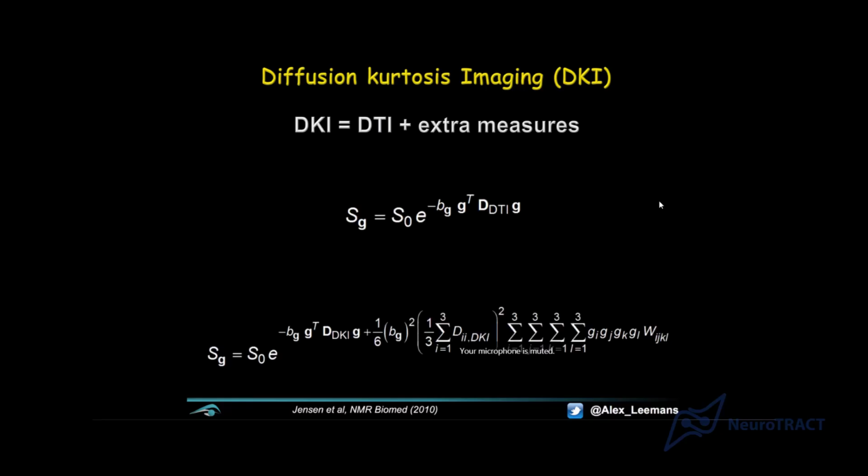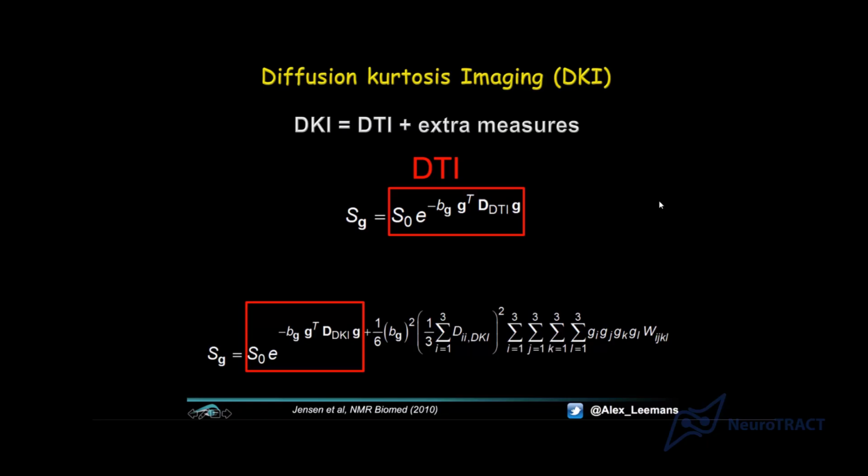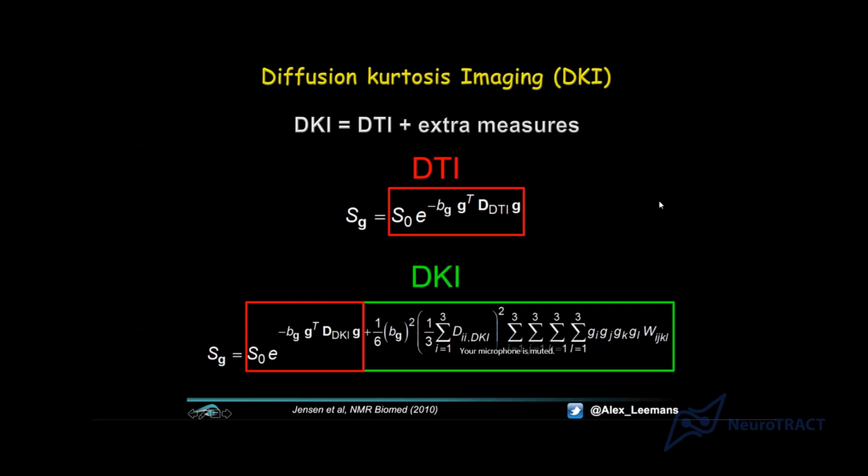Don't be scared, but I'm going to show you the formulas. At the top, you see the diffusion tensor imaging formula. At the bottom, you see the same exponent, but in addition to the first-order term in D, you also have another term, which is squared in D and in b. This is the kurtosis imaging part.